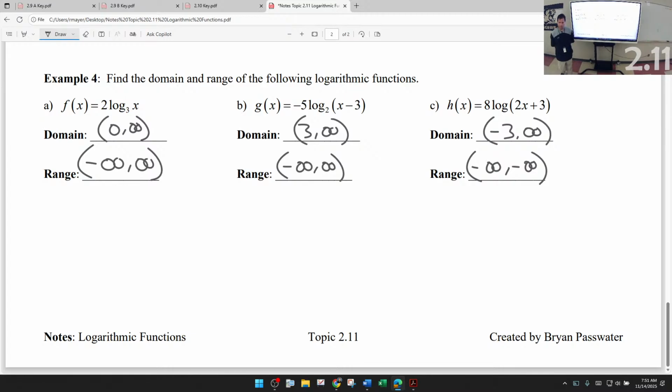I don't care if the 8's there or not, really. Hurry, Chucky, we're waiting on you. Where's the vertical asymptote? At -3? Is it negative 3 halves?